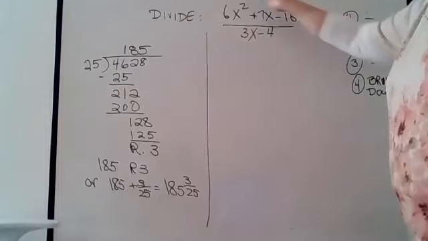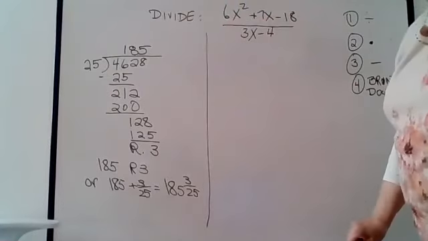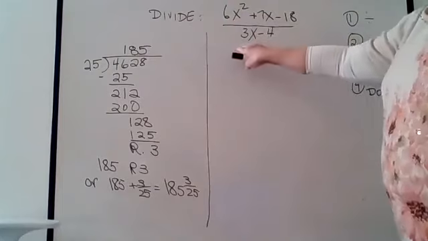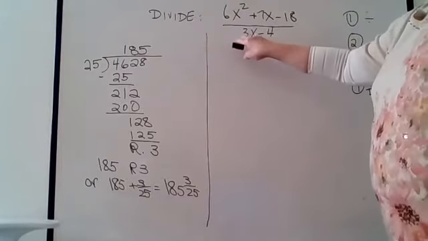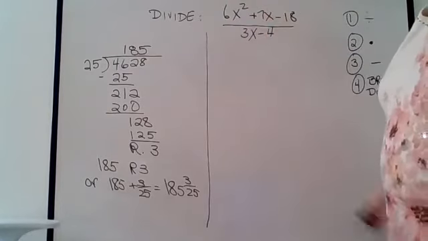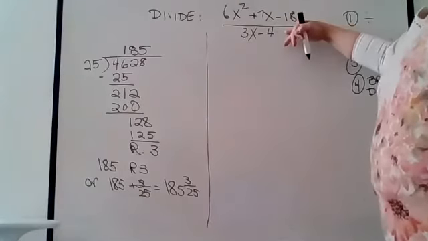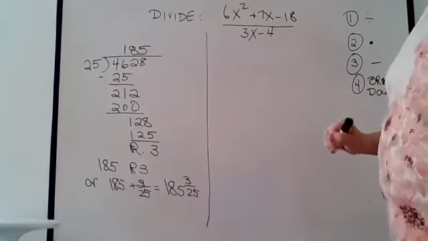And notice what I have in my numerator is a trinomial, 3 terms. And in my denominator, I have a binomial, 2 terms. So basically, I have a polynomial on top divided by a polynomial on the bottom.